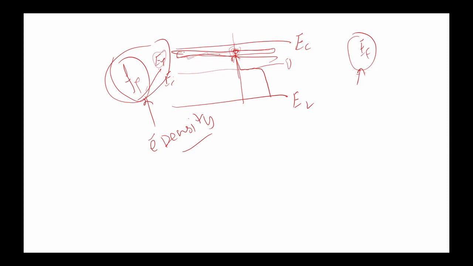But if the trap goes closer and closer to the Fermi level, there is more overlap between the Fermi-Dirac distribution and the trap density, so we can find more and more electrons. Where are the electrons coming from? They are coming from the semiconductor only.